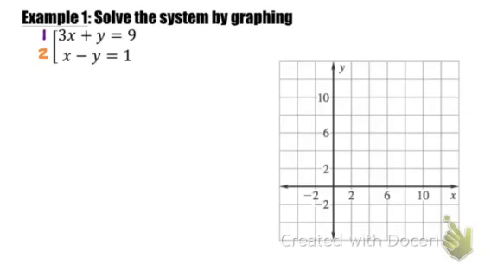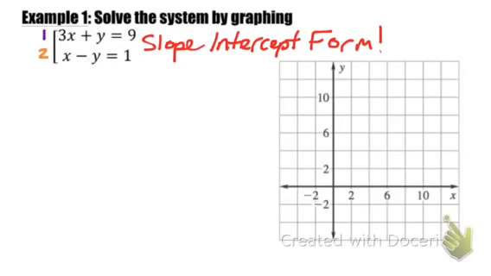I'm going to use colors in order to identify what equation goes with what, and we've been always solving linear equations, specifically in slope-intercept form. Both equations need to be in slope-intercept form if you are solving the system by graphing. It's very, very important that each equation is in slope-intercept form. It makes life a lot easier identifying your slope, identifying your y-intercept, and then graphing from there.